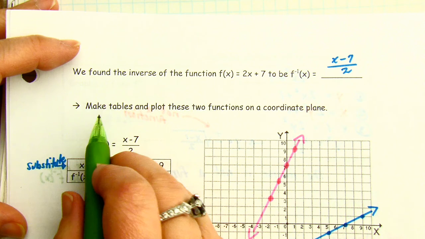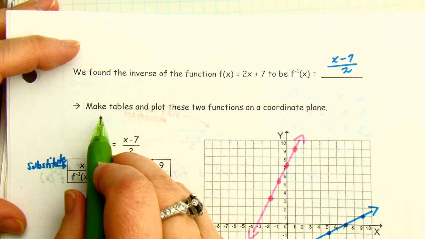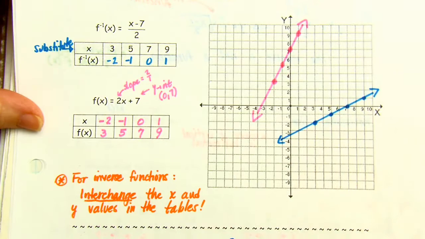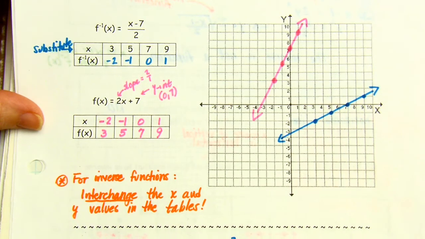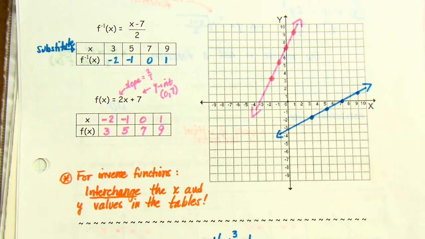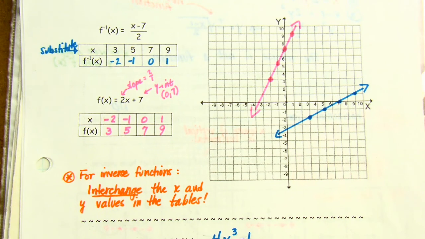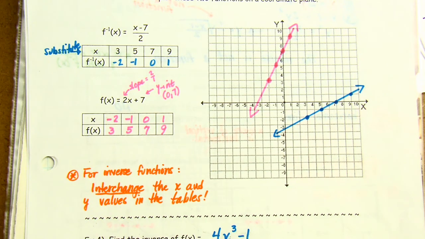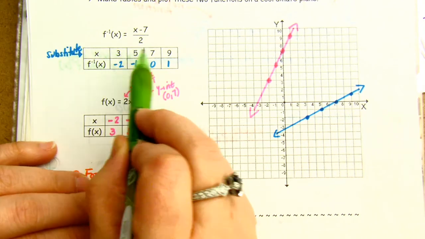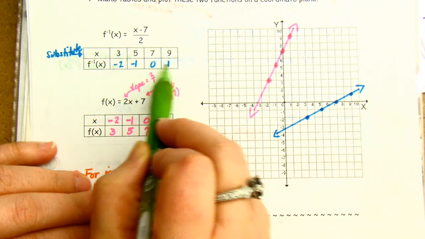We can graph these. And we can make tables, okay? So here in this example, I'm going to zoom out a little bit. All right, so I can start with this and substitute my values of x inside and get my y's, my output.